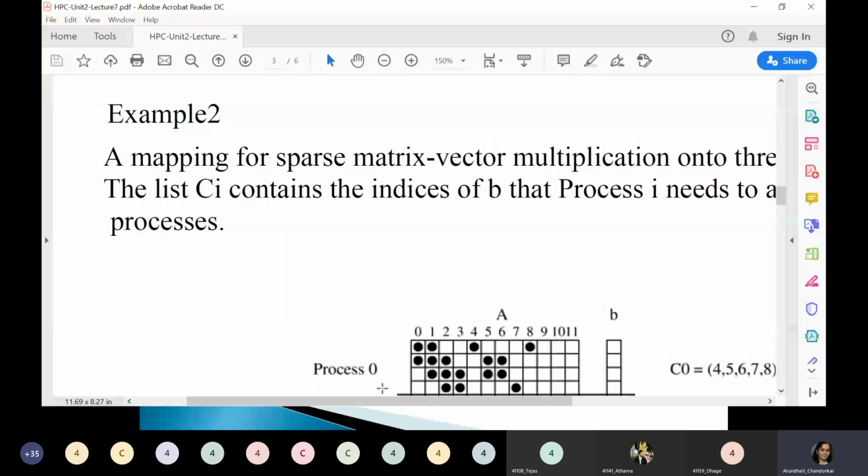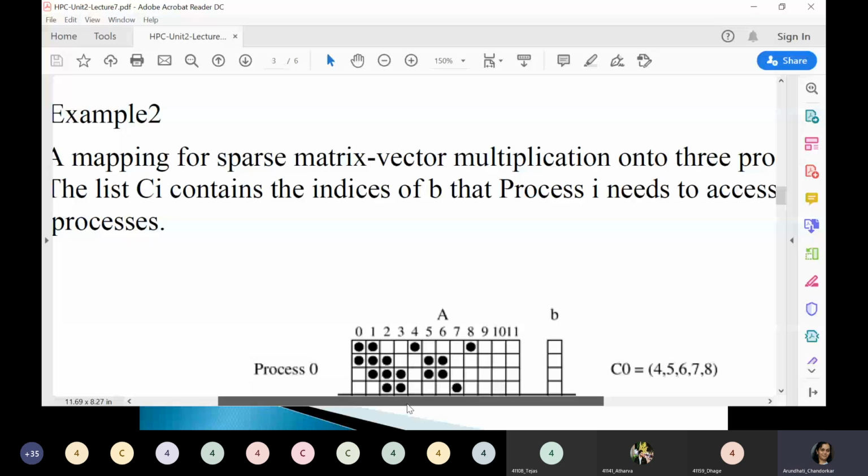A mapping, I hope it is clear. First, it is a repetition. Simply the task dependency graph is with you, and just go on mapping the nodes of the task dependency graph onto the processes, keeping the same aim in mind, minimum interaction overhead.